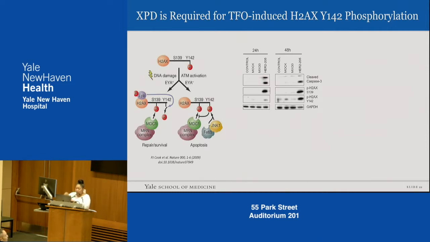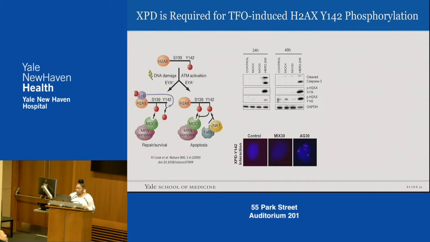So we looked to discover what the phosphorylation events were after our TFO treatment, and we found that we did have dual phosphorylation at both serine 139 and tyrosine 142, suggesting that our TFOs were activating this particular mechanism.